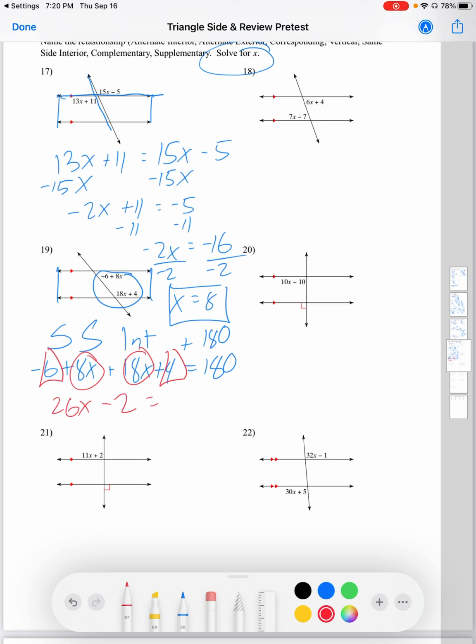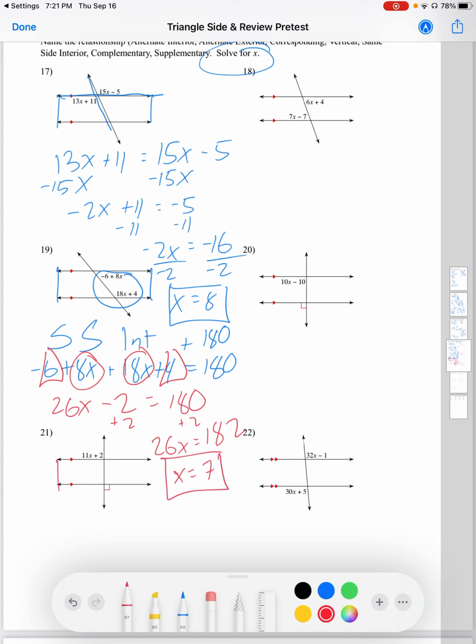It's negative 2. Opposite of minus 2, add 2. 26x equals 182. I'm guessing that is, let's see, 7? Yes, x is 7.